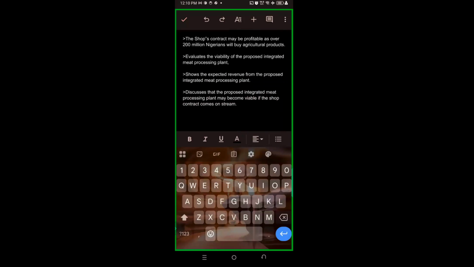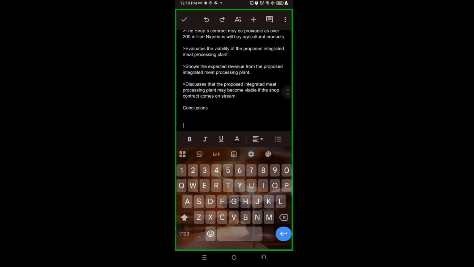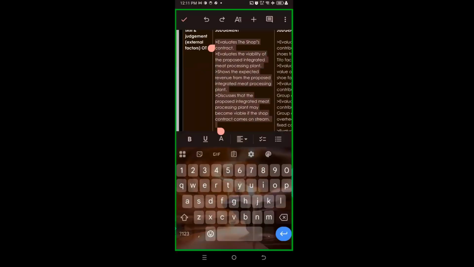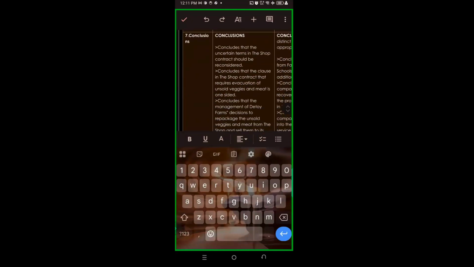Right. So the next one will be conclusions and recommendations. So let me see the conclusions. What they ask us to conclude on. Of course, conclusion will be on the requirement.